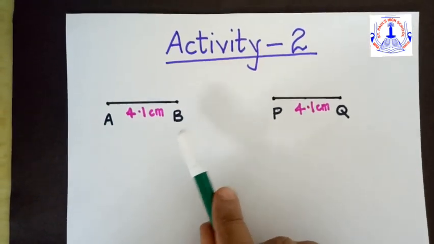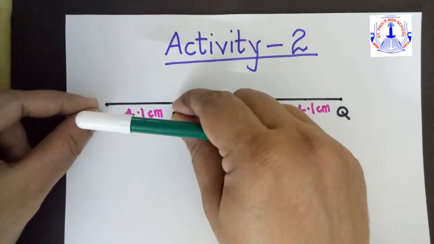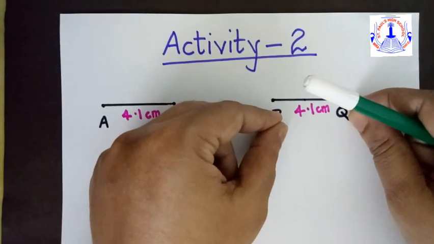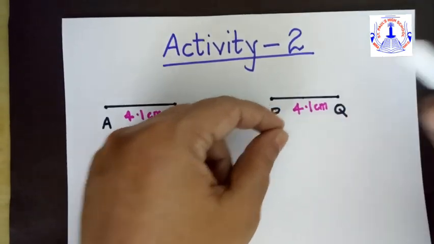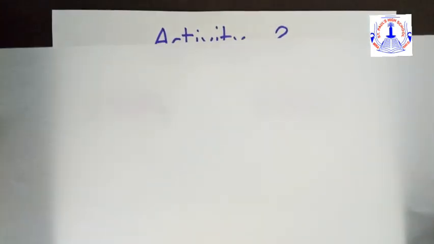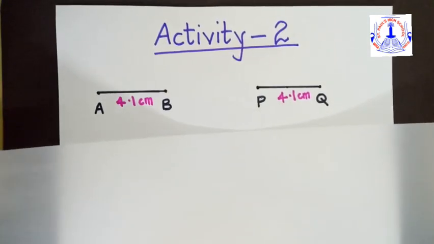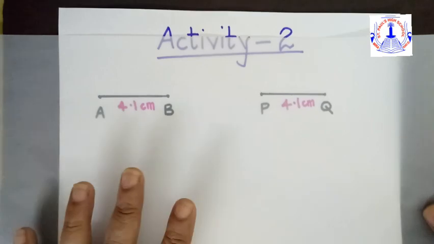Segment AB is 4.1 centimeter. You cannot pick up and place the segment over the other segment. We will use a tracing paper to trace segment AB.